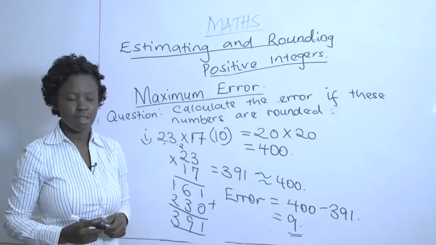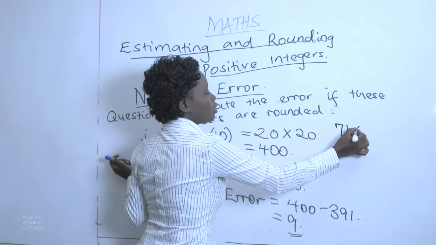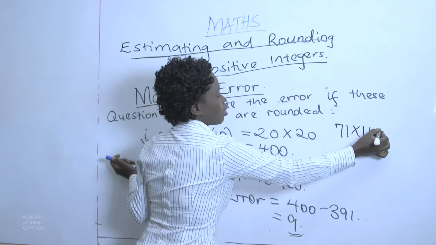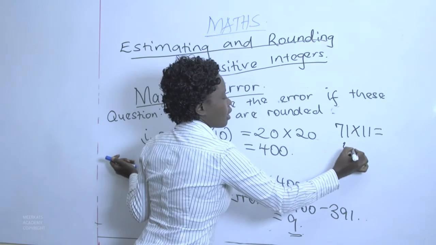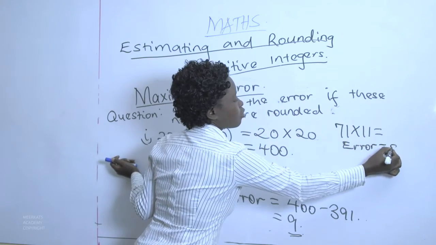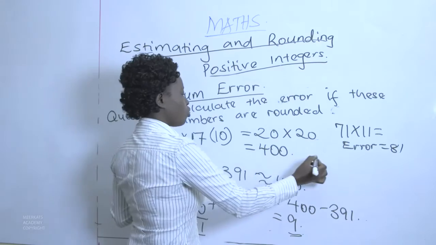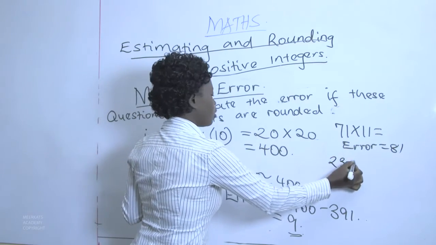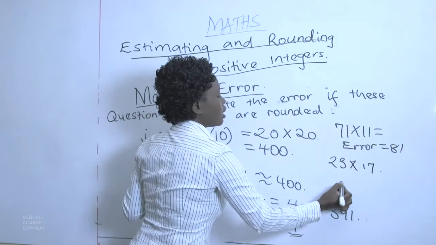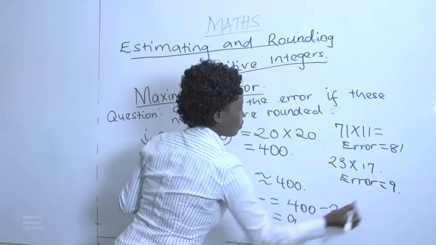When we worked out 71 times 11, we had an error of 81. But with 23 multiplied by 17, our error is 9.